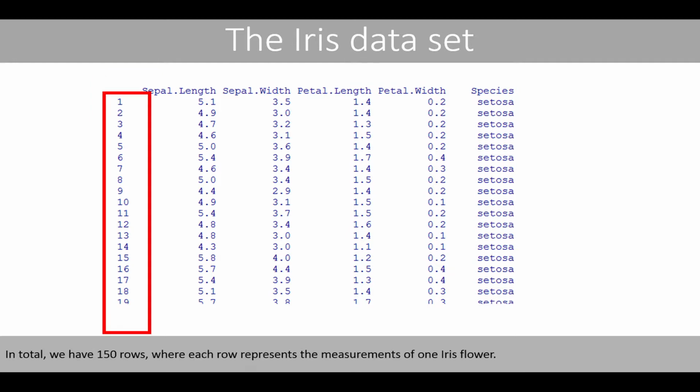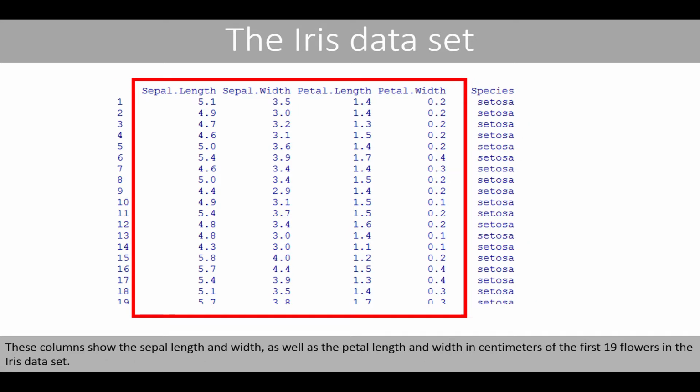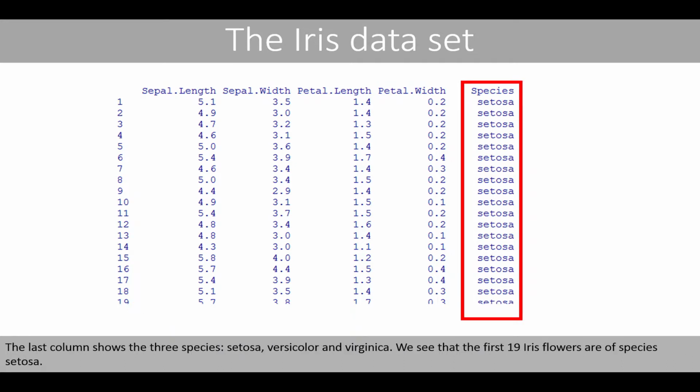In total, we have 150 rows, where each row represents the measurements of one iris flower. These columns show the sepal length and width, as well as the petal length and width in centimeters of the first 19 flowers in the iris dataset. The last column shows the three species, Setosa, versicolor and virginica. We see that the first 19 iris flowers are of species Setosa.